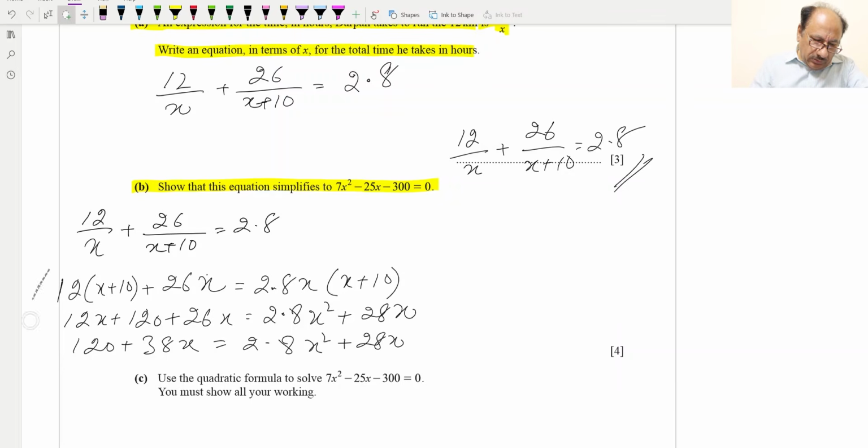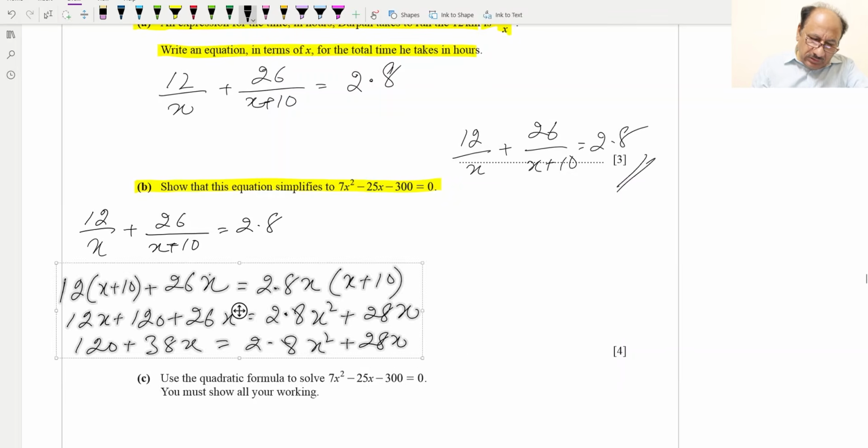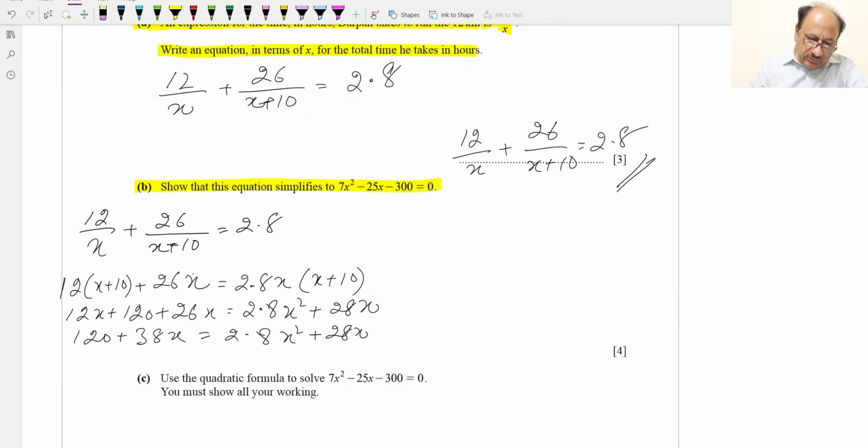Now again I'm just shrinking its size, and now we can use this space and shift everything to the other side. So it will be 2.8x squared plus 28x minus 38x minus 120 is equal to 0.